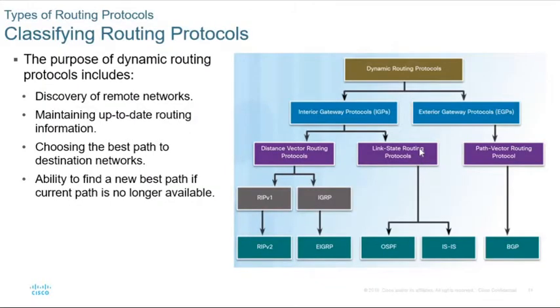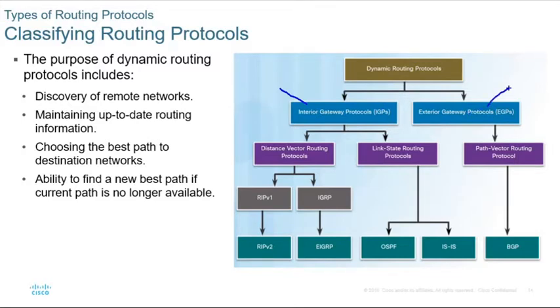Now, as you can see in this graph, routing protocols can be classified into different groups, according to their characteristics. Under the routing protocols, we actually have two types. The first one is the interior gateway protocols, also known as the IGP.